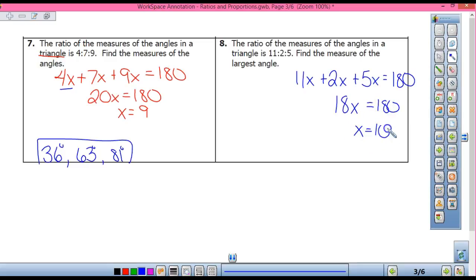X is 10. And all they want is the largest angle. So which one's going to be the largest? The 11, the 2, or the 5? The 11, right? So take 11 times 10, and my largest angle is 110 degrees.